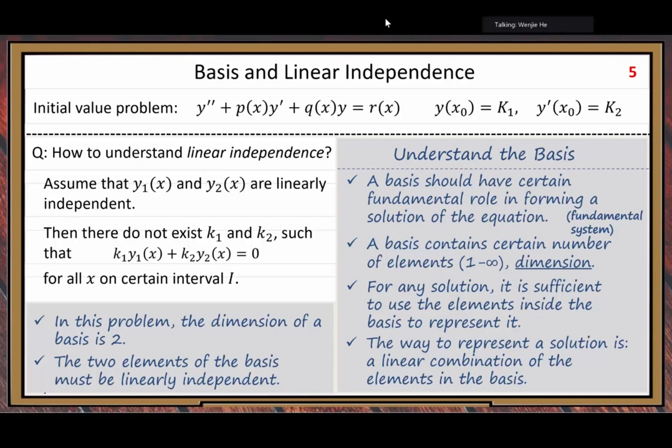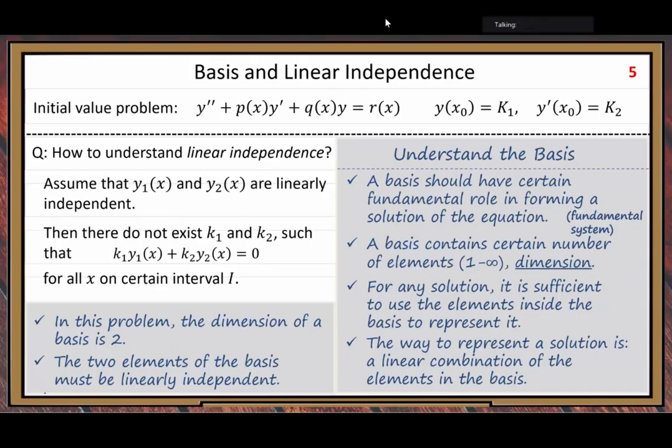But here there is some little thing. All x on certain interval.